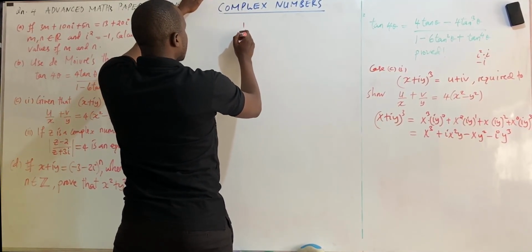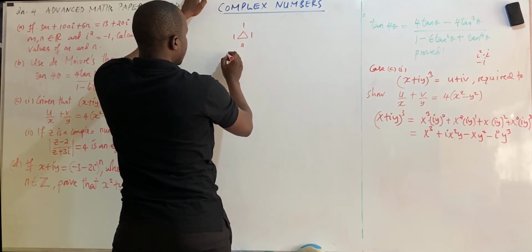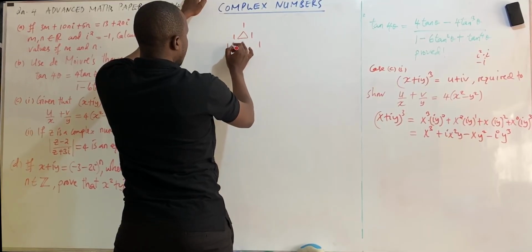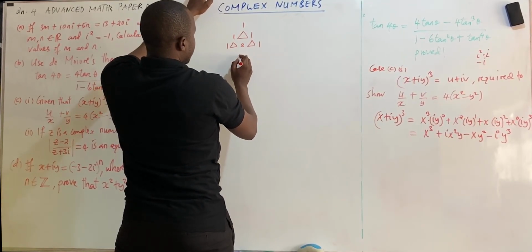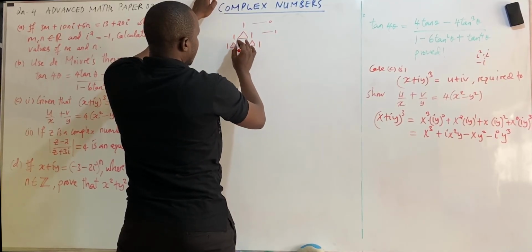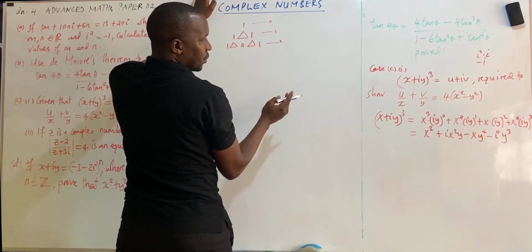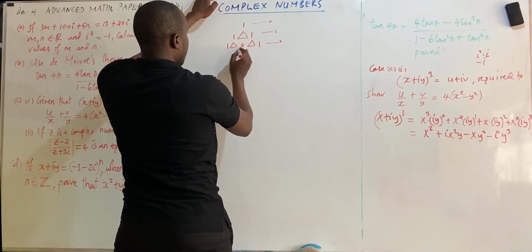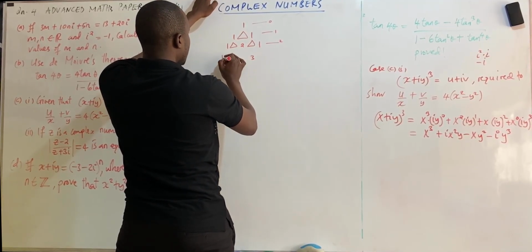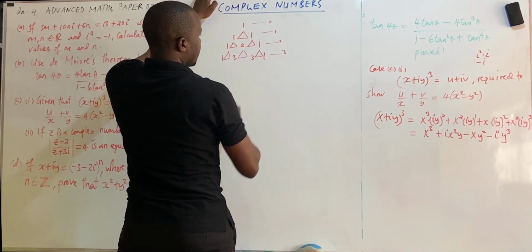We can say 1, then 1, 1. Now we have a triangle. So we sum, we get 2. After summing, we add 1, 1. Then again we introduce triangles. So here is when the exponent is 0, when the exponent is 1 the coefficients become this, and when the exponent is 2. But here the exponent was 3, so we still go. We add, we get 3, 3, then we add 1, 1. So triangles. So here is when the exponent is 3.